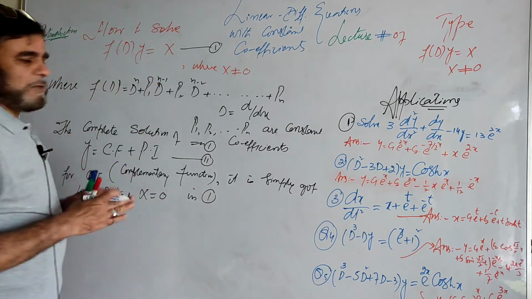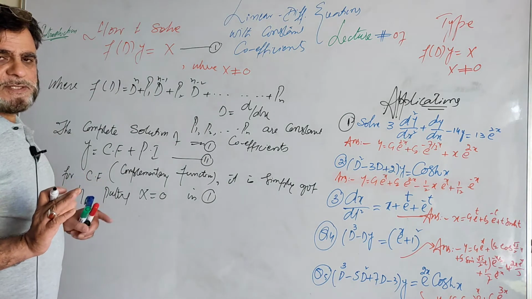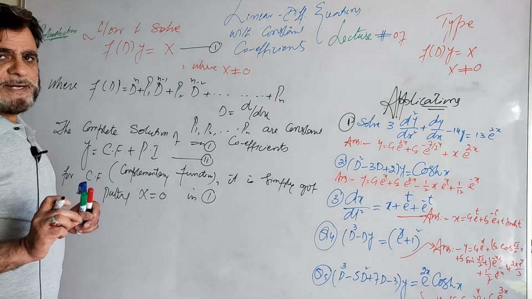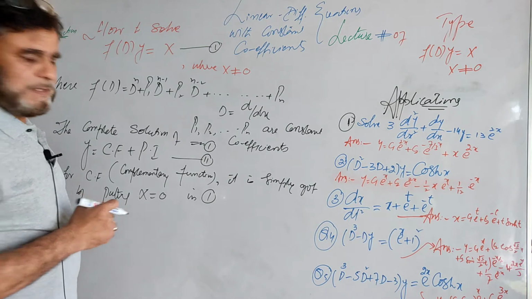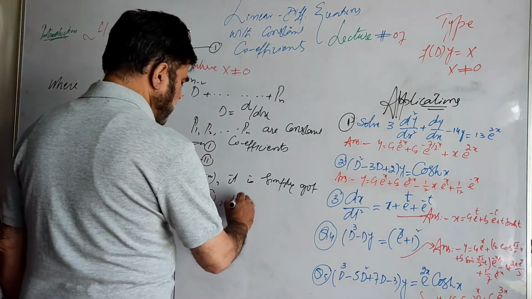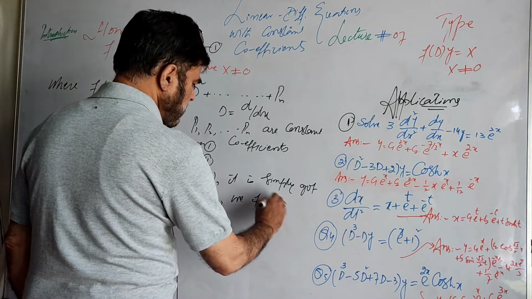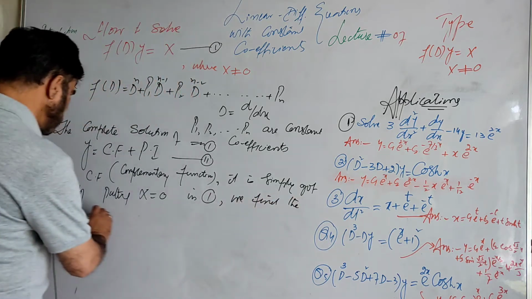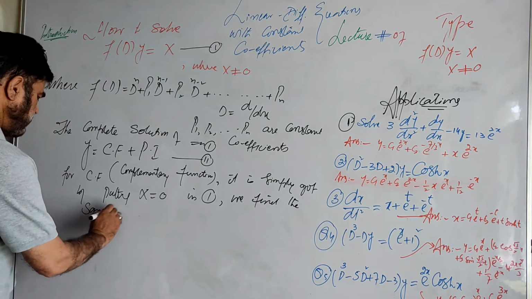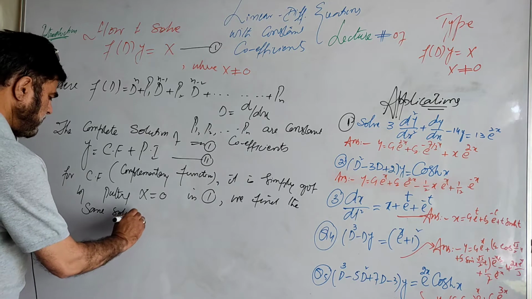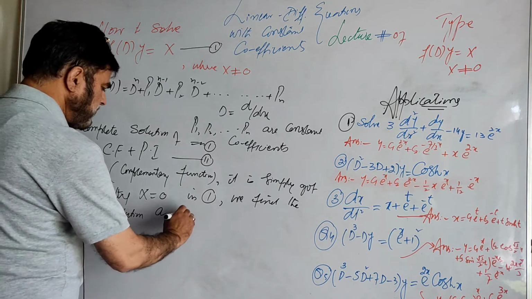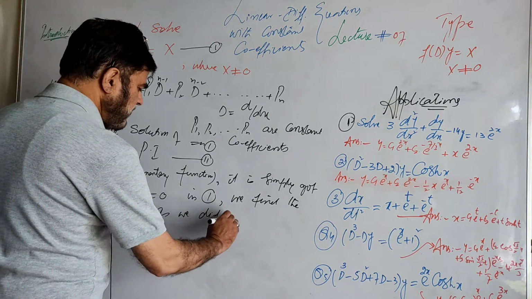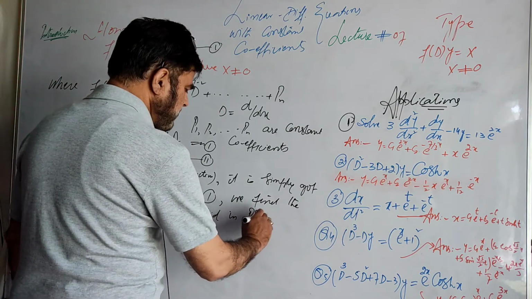When you put X equal to 0, you will get f(D)y is equal to 0, and you will find the solution by the previous method, the same solution as we did in previous cases.